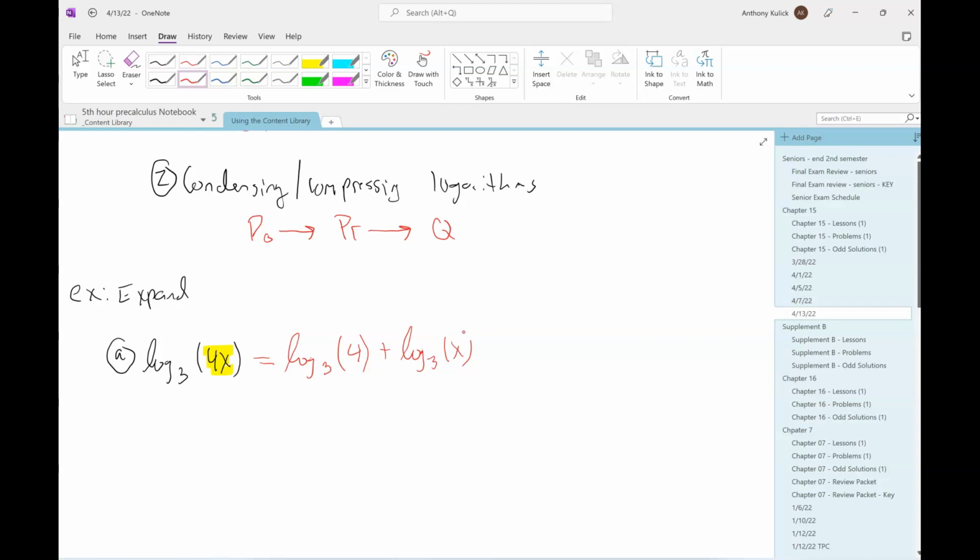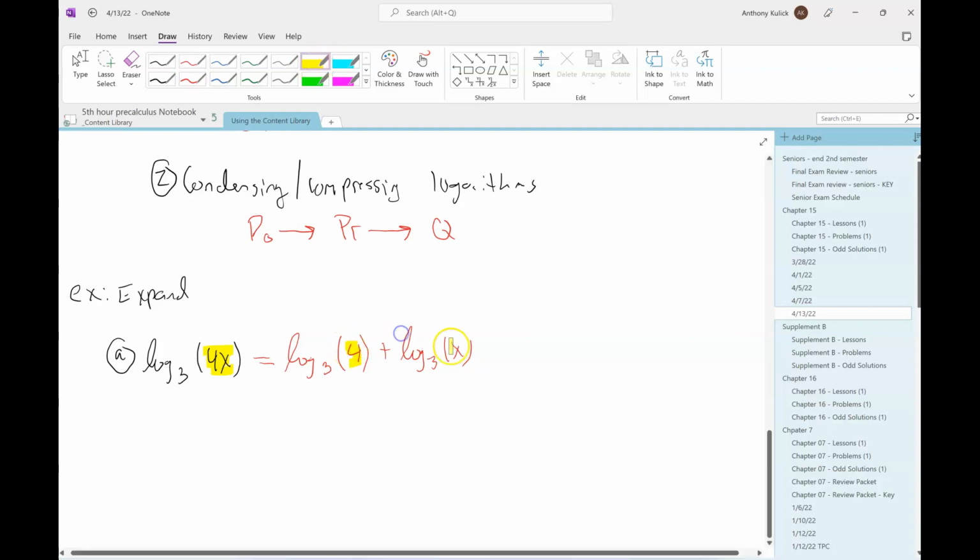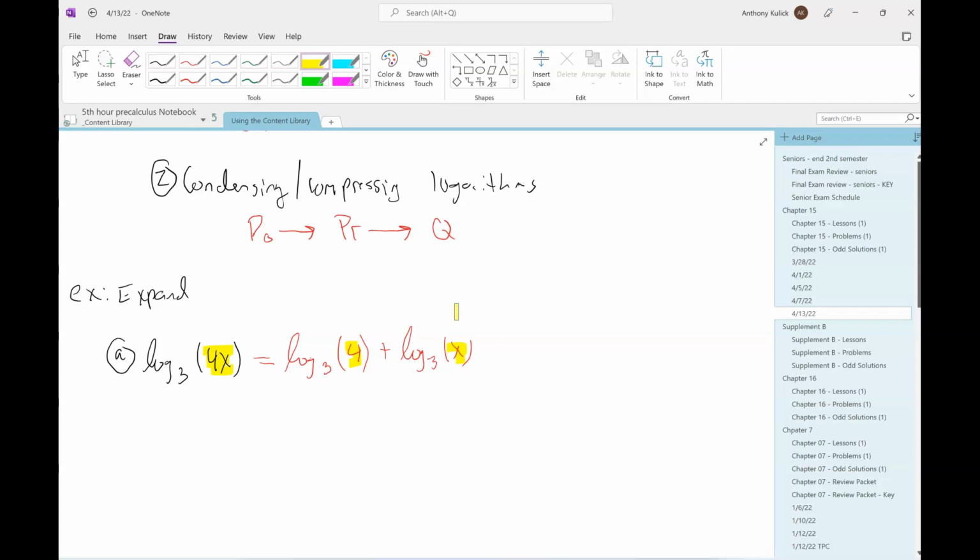Okay. Now let's look at each of these. So we're looking inside the logarithm still. Do we see any quotient properties going on in either one of them? No. Any product properties going on? No. Any power properties going on? No?